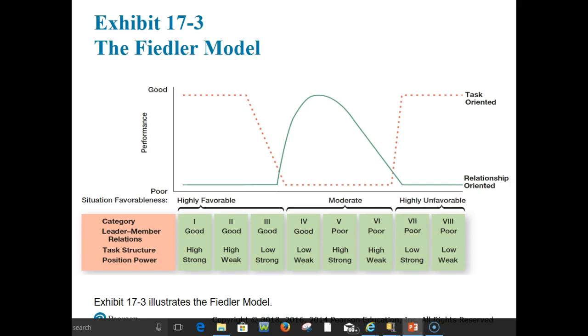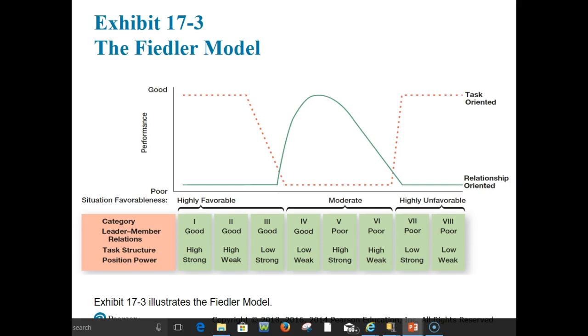So you got to see the bottom of the chart exhibited here in the 17-3, where situations 1, 2, and 3 were classified as highly favorable for the leader. Situations 4, 5, and 6 were moderately favorable for the leader, and situations 7 and 8 were described as highly unfavorable for the leader.